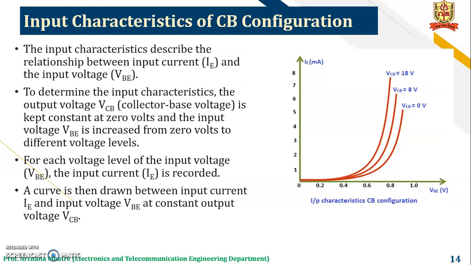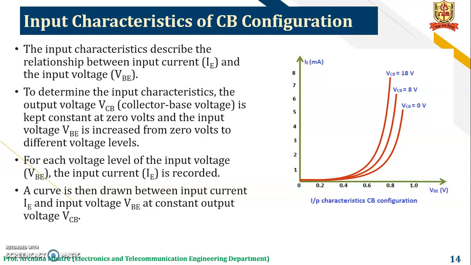Now here, the input characteristic of common base configuration. The input characteristic describes the relationship between the input current and the input voltage. Here for CB configuration, input current is IE and input voltage is VBE. To determine the input characteristic, the output voltage VCB, that is the collector to base voltage, is kept constant at 0 volt, and the input voltage VBE is increased from 0 volt to different voltage levels.